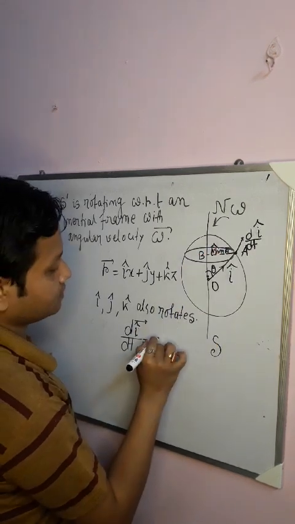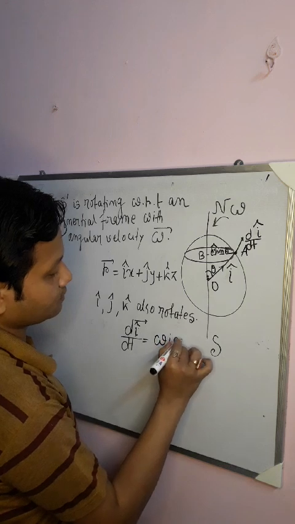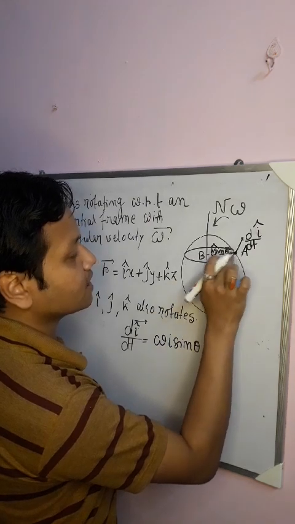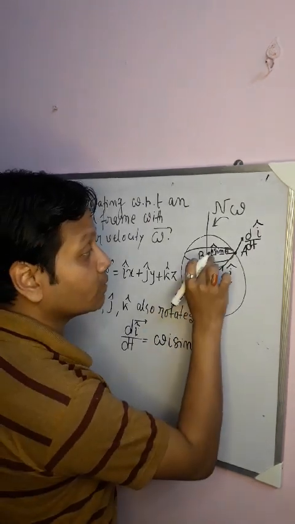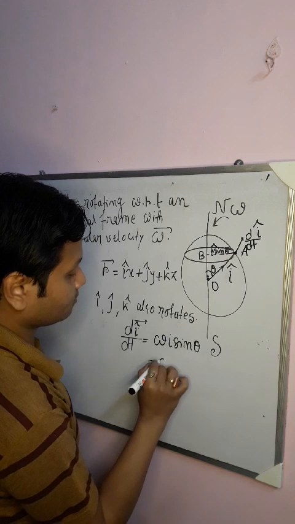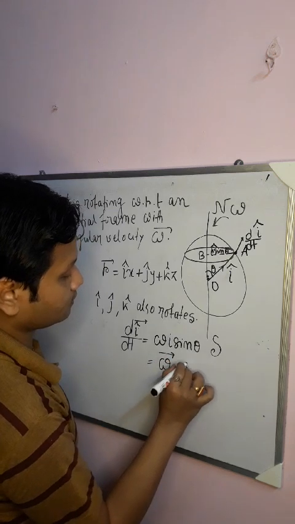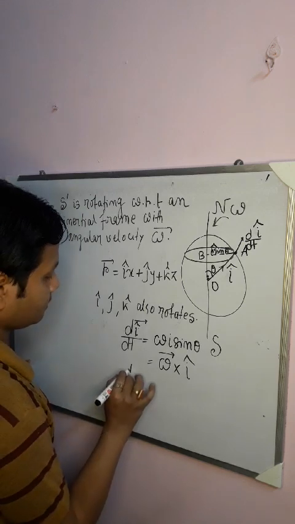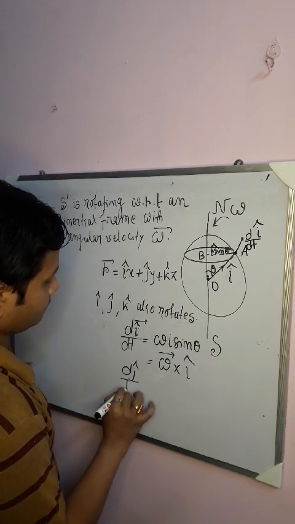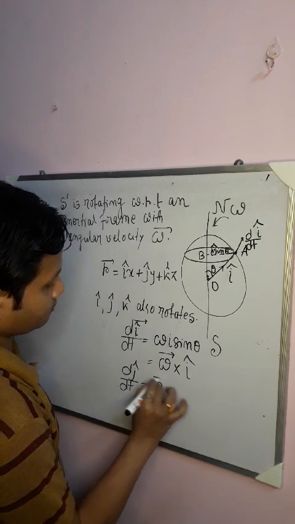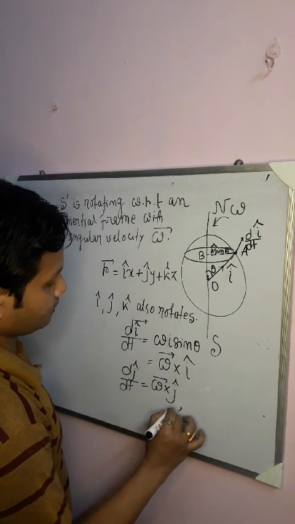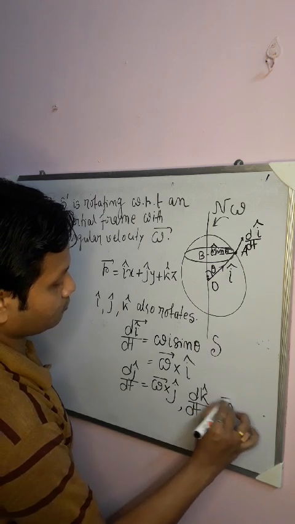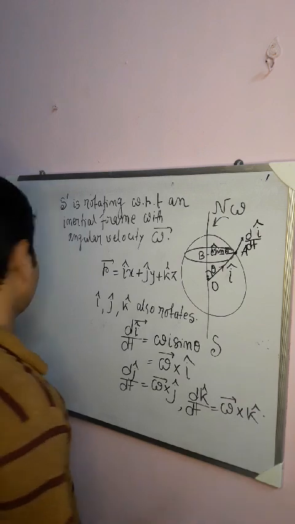That means this is omega i sin theta. If this is i cos theta, this is i sin theta. And what will be omega r? Omega multiplied by i sin theta. So that means omega cross i. Similarly, if you take the y component, you can write omega cross j. And if you take the k component, you will write omega cross k, the rotation of unit vectors.